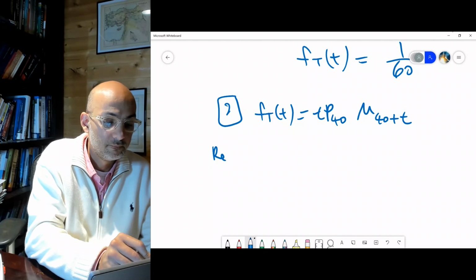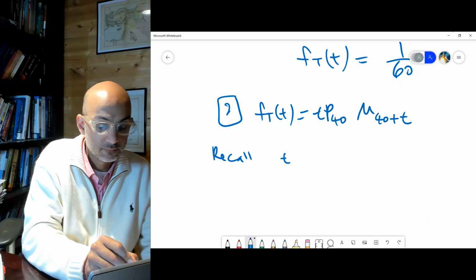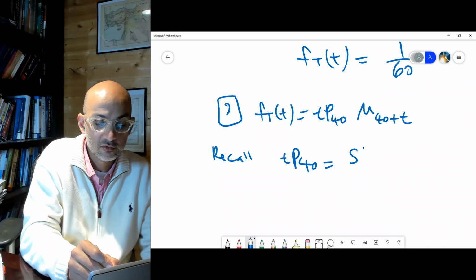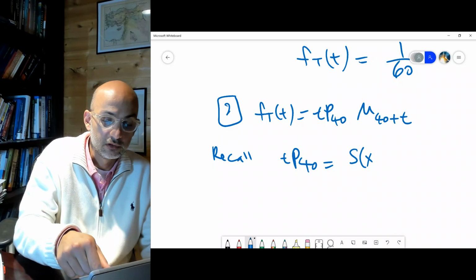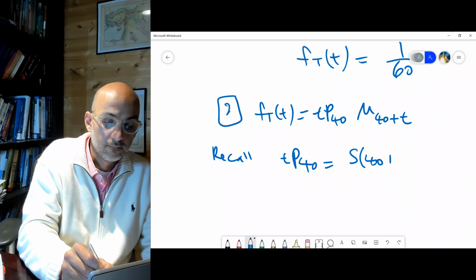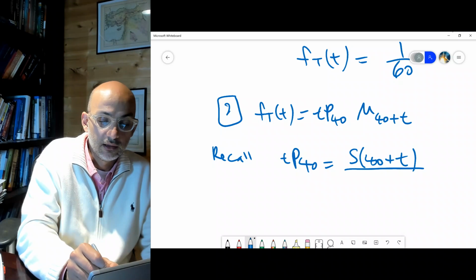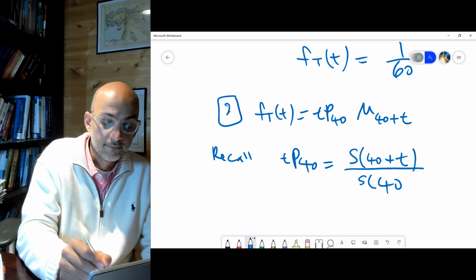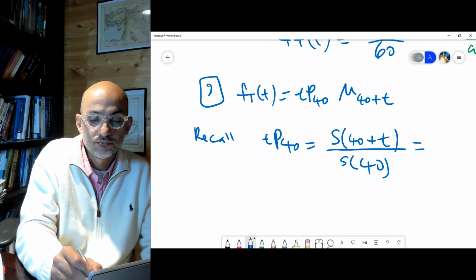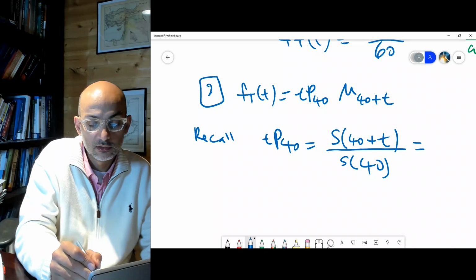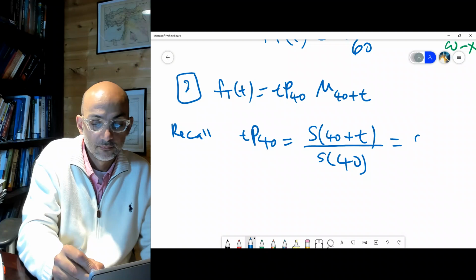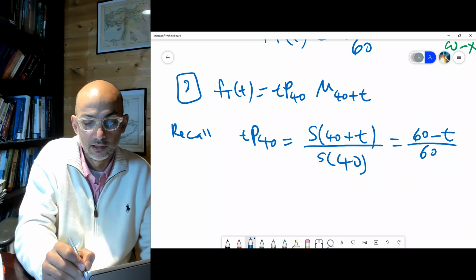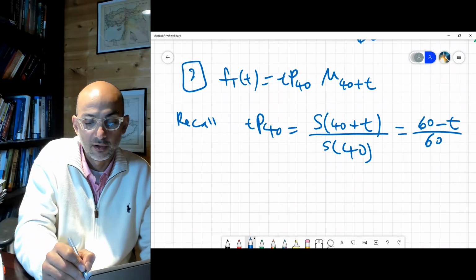And recall P40, we already calculated: s of 40 plus t divided by s40. We already computed it because this is uniformly distributed. It will be 60 minus t divided by 60. I already computed it two minutes back, but you can always verify it, right?